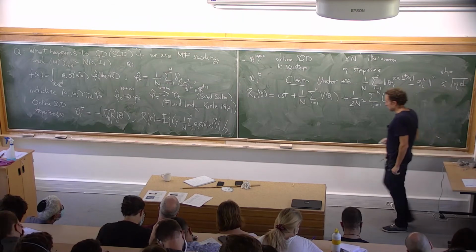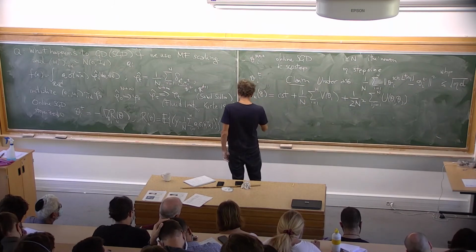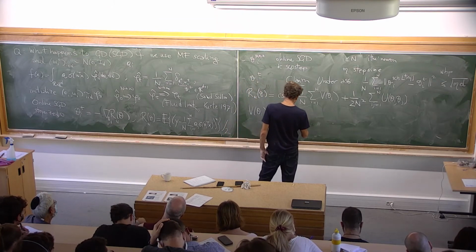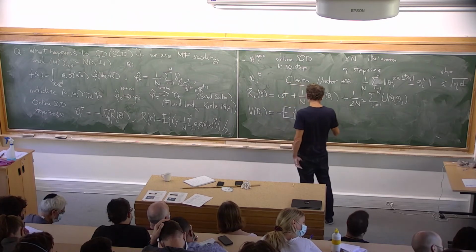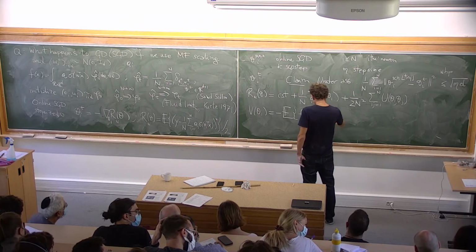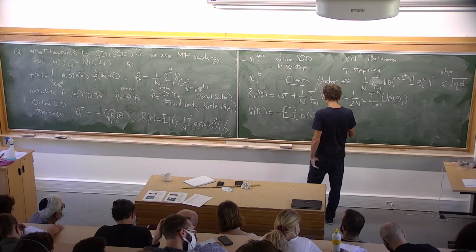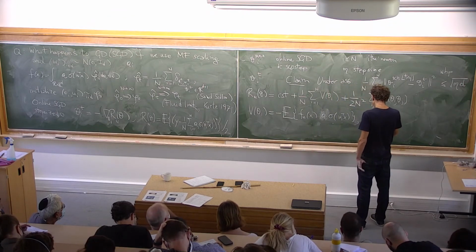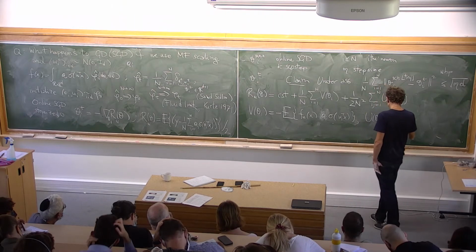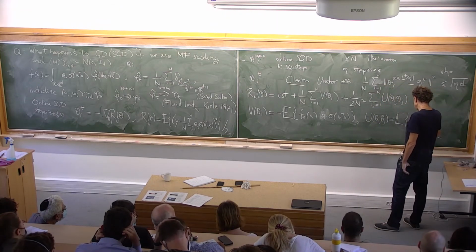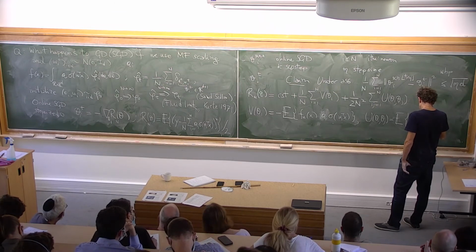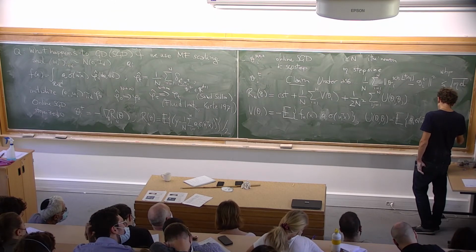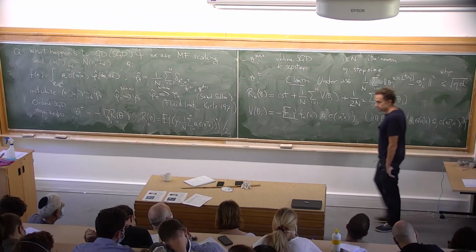Where what are these? V of theta_i is just minus the expectation of my target function times a_i sigma of w_i transpose times x, and U of theta_i, theta_j is just the expectation of a_i sigma of w_i transpose x times a_j sigma of w_j transpose x.